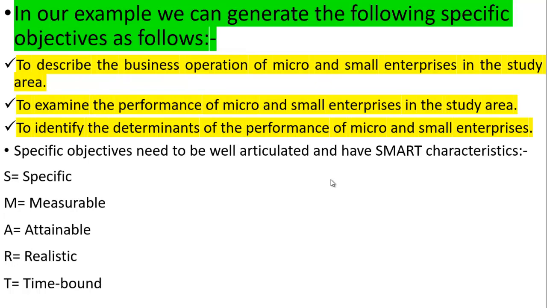For example, we can take annual income, estimated annual income of the micro and small enterprises as the dependent variable, as an indicator of the performance of micro and small enterprises, and then examine how the initial capital influences the performance of the micro and small enterprises in terms of estimated annual income.